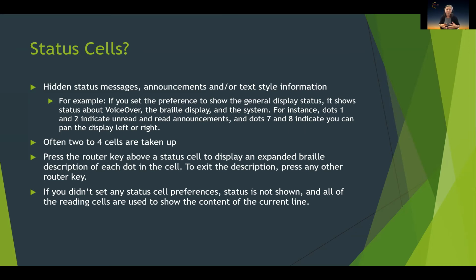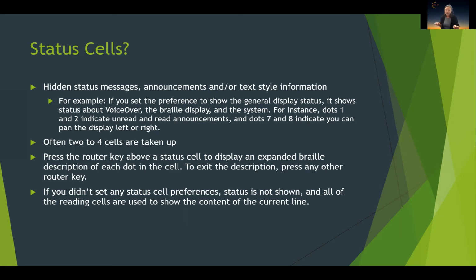For example, if you set the status cell preference to show general display status, and this can all be found in your VoiceOver settings, it shows the status about either VoiceOver, the Braille display, or the system. So if, for example, you get an email and the little status symbols pop up and change to indicate, oh hey, something happened in the background. Do you want to know about it?